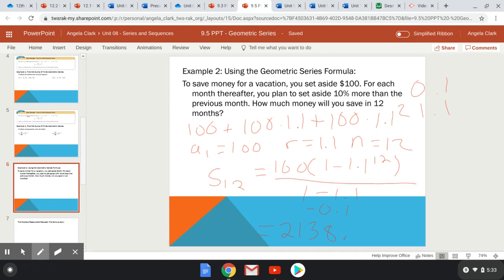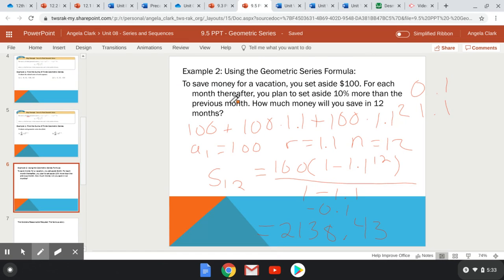This is money, so I'm going to round to 2 decimal places. So $2,138, $2,138.43 is how much you would have if you followed this plan.